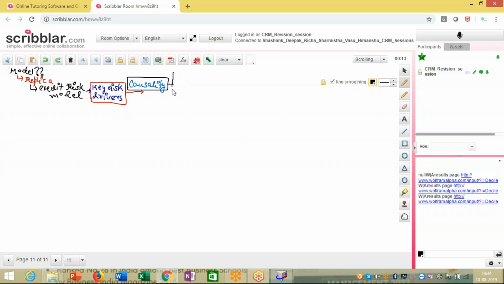And when I talk about the dependent variables, there is one set, the categorical dependent variable.